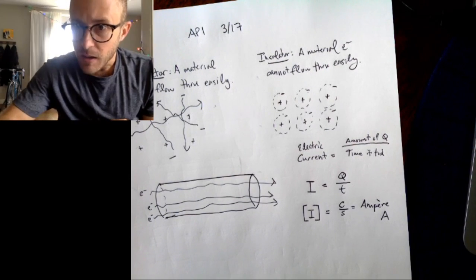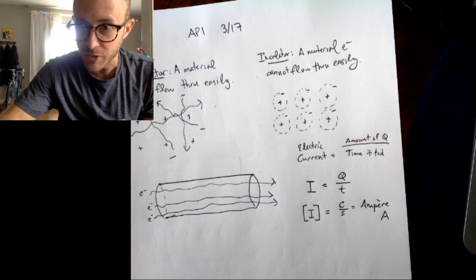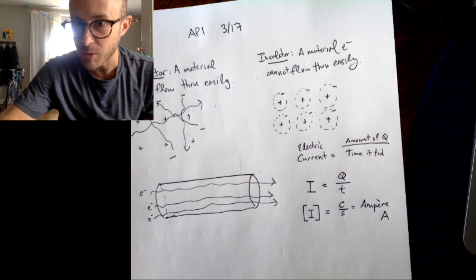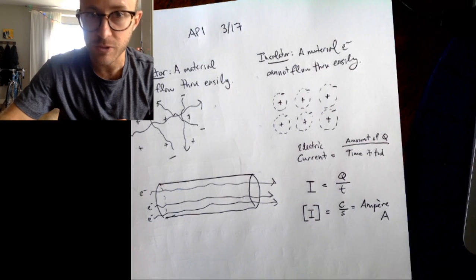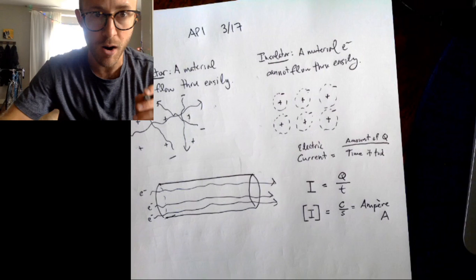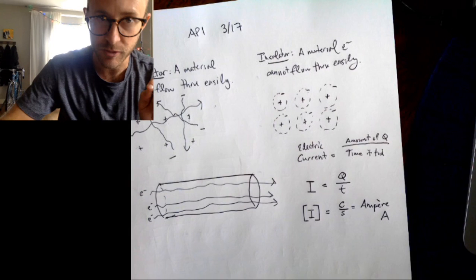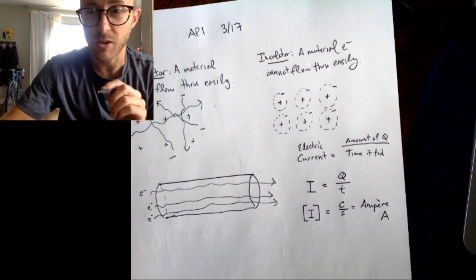Looks like Ray has an actual substantial question. Why are metals and water good conductors but not rubber or wood? That's an excellent question. I'm going to address the water part of that. Pure water is actually an insulator. Salt water is a conductor. Why is salt water a conductor?